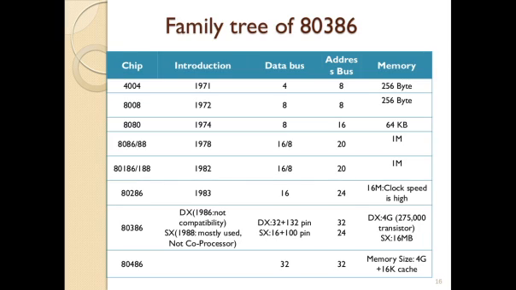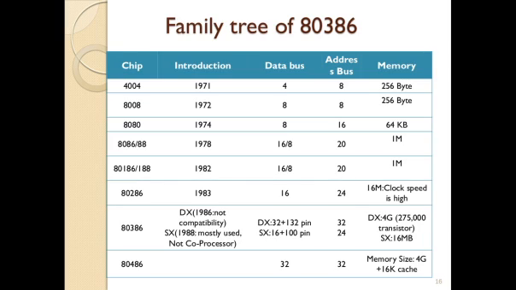Now there is a table which shows the development of processors since 1971. The first processor was 4004. The length of the data bus was 4 and the address bus was 8 bits. The next processor was 8008, which is the first 8-bit processor, introduced in 1972. The first 16-bit processor was 8086.